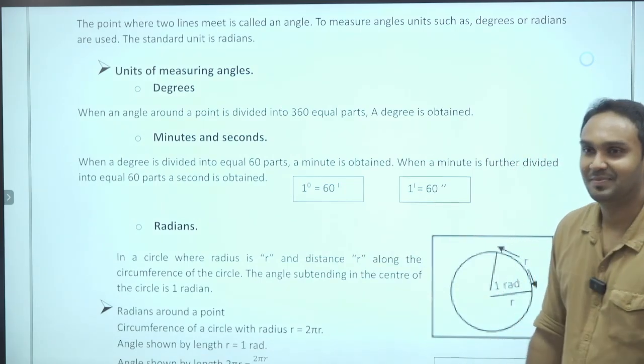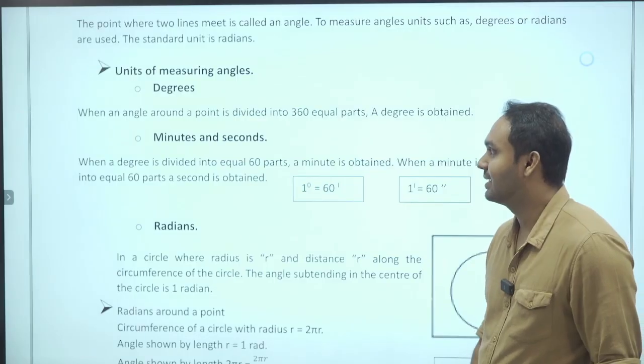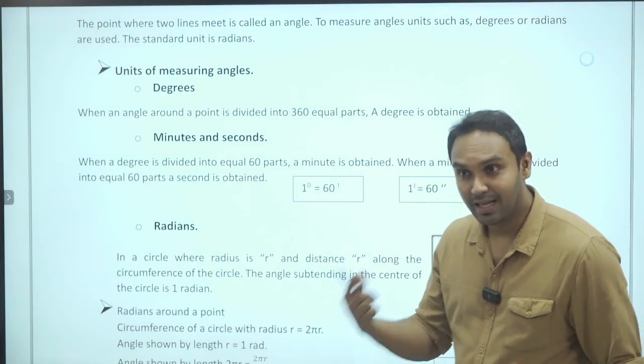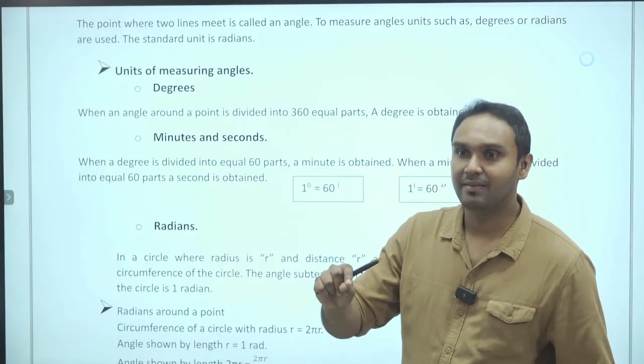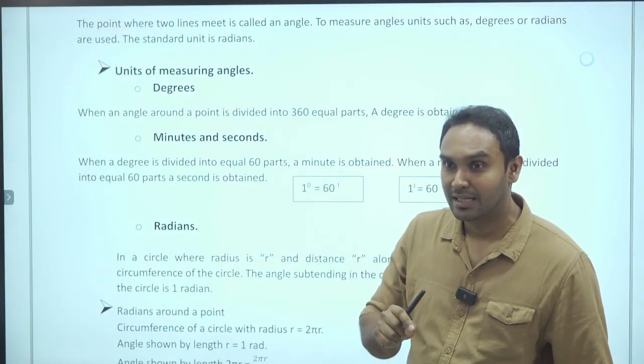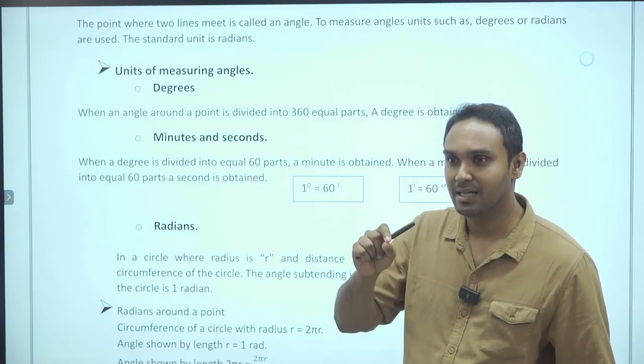And the minute, right? So what is a minute? Minute and a second. When a degree is divided into 60 equal parts, you again divide the degree value into 60 equal parts, you get a minute.